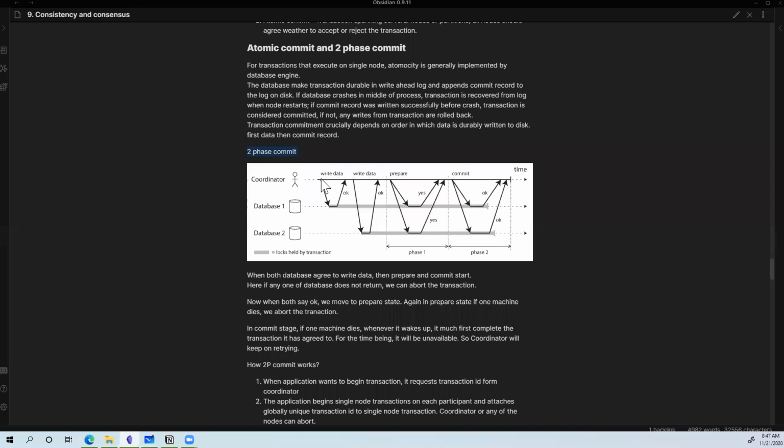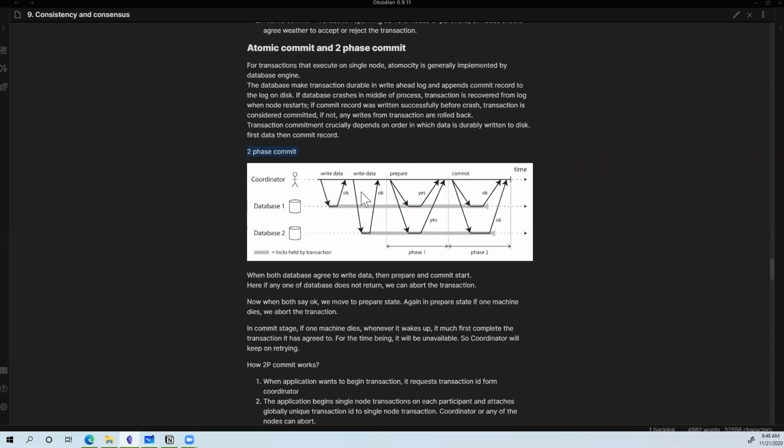First, the two databases are asked whether they are ready to write the data. If both respond okay, then phase one starts, where you ask both databases to prepare and write the data. Once they have responded yes, then you ask them to commit the value.